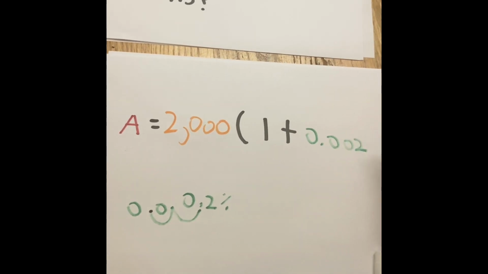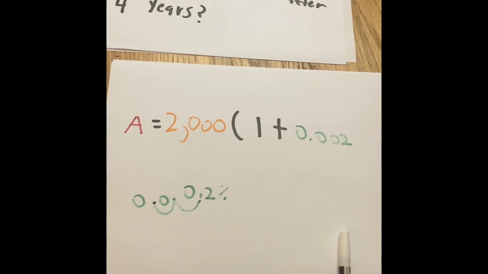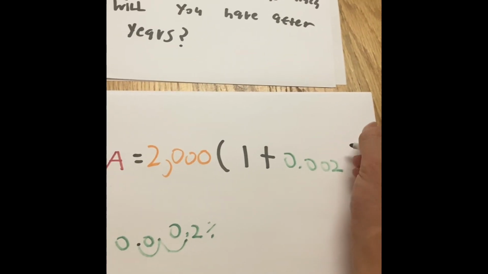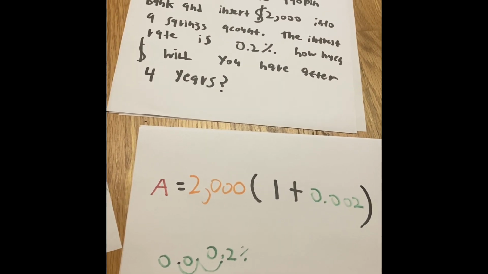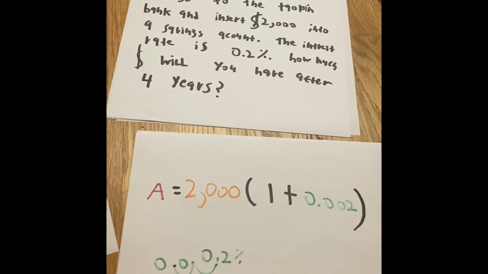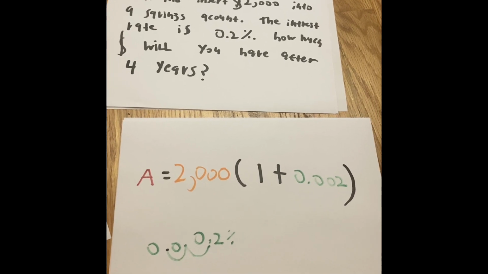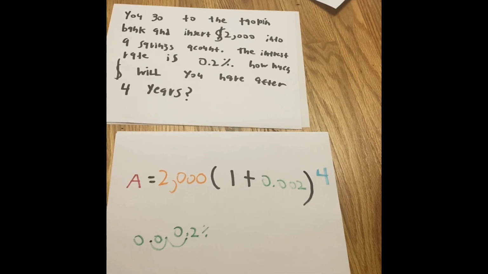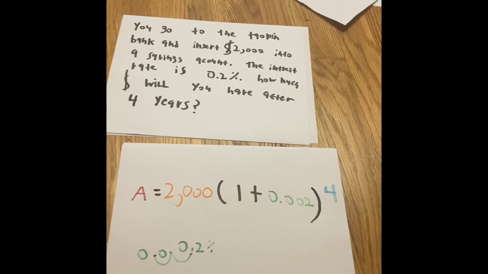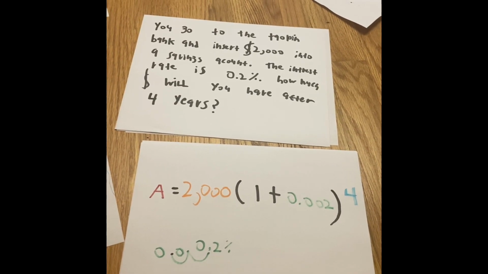Now we have the chance to close up the parentheses. Inserting the time is going to be easy because we are trying to find what will happen after 4 years. And there we go. We have a set formula, and now we can do the math.